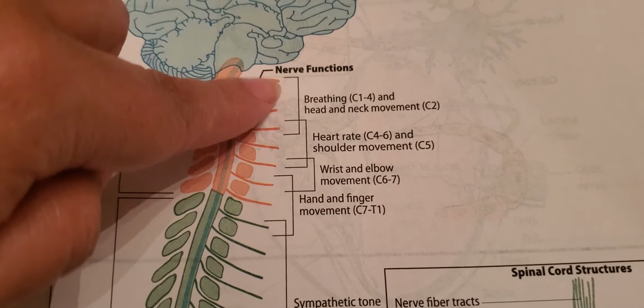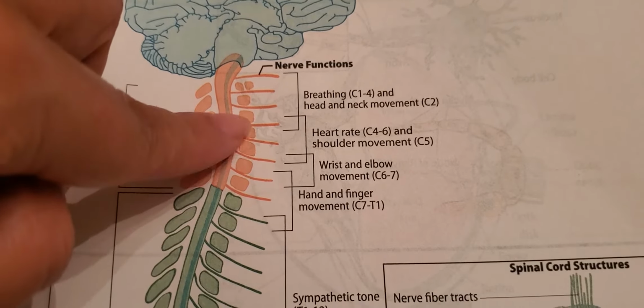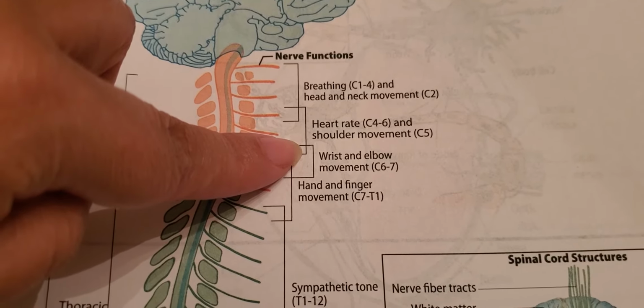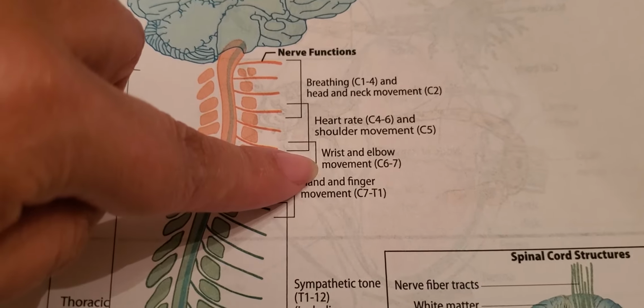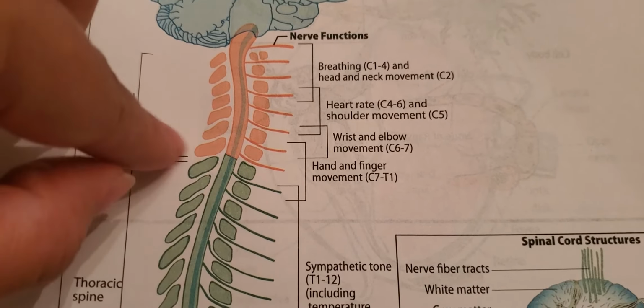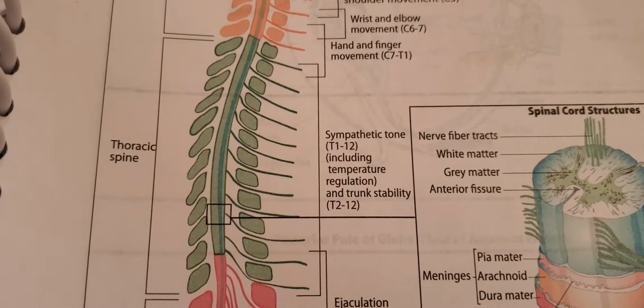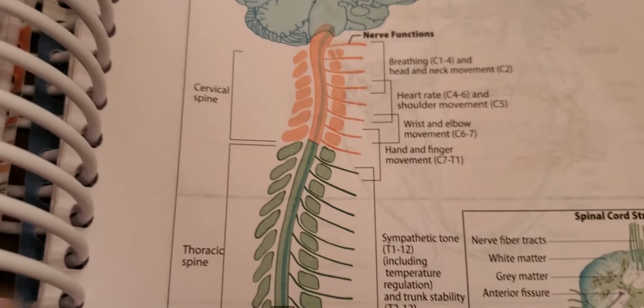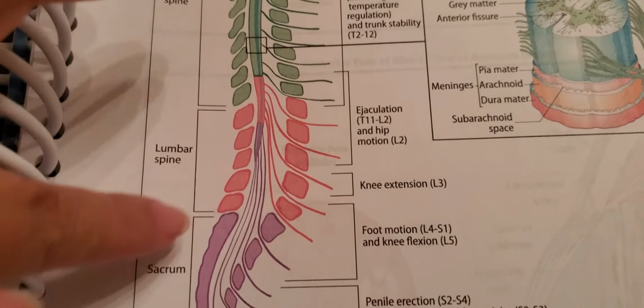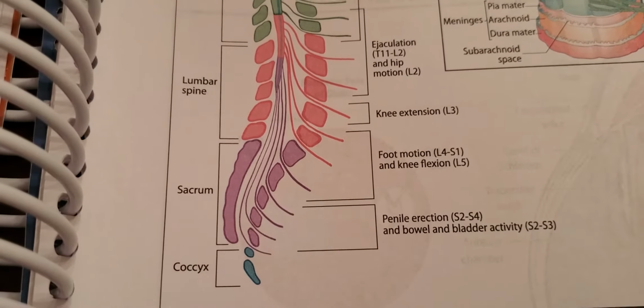So you have all of your nerve functions and what they're about. And then your heart rate, C4 to C6, and shoulder movement, and then wrist and elbow movement, hand and finger movement. There you go. And then look at that. Isn't that awesome? So there's the cervical, the thoracic, the lumbar, the sacrum, and then the coccyx.